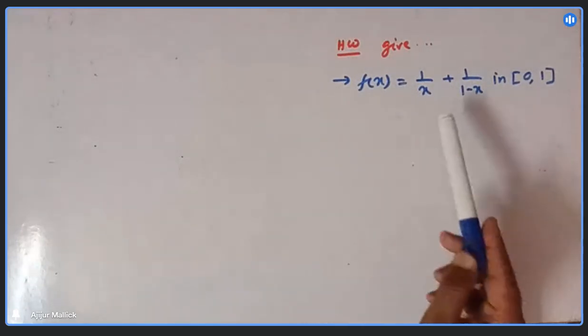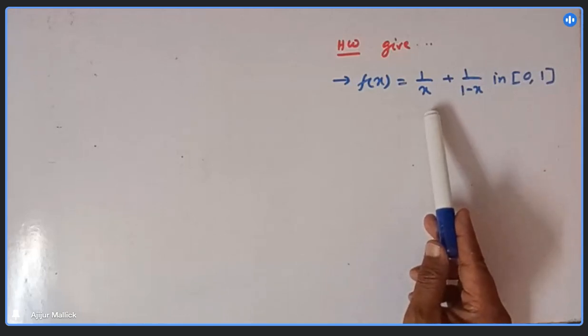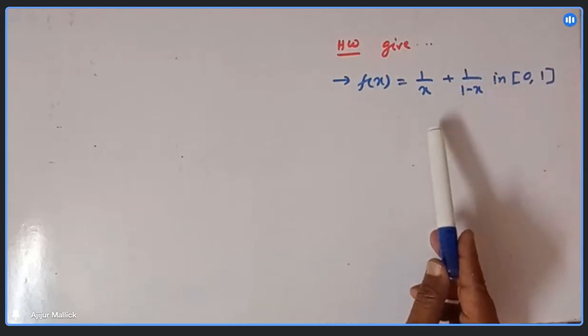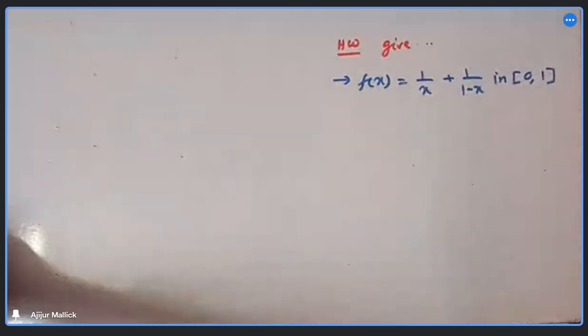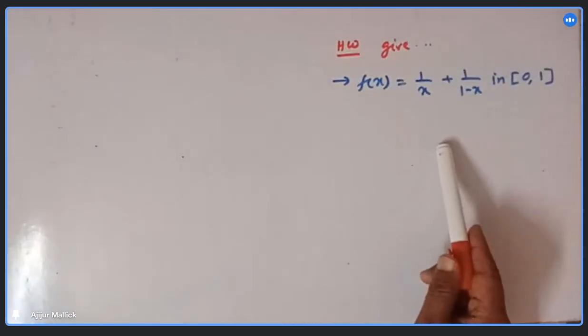We shall show that this function does not satisfy the conditions of Rolle's theorem, but still we get a value of c. You have to keep this example in your mind.